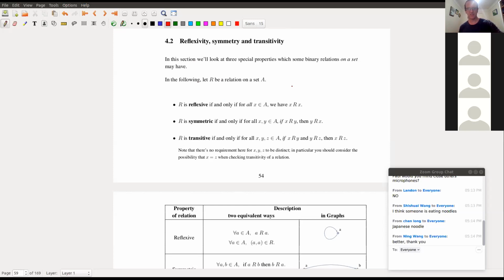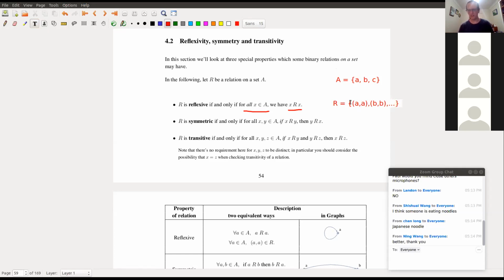So for all x in A, we have this relationship, xRx. That basically means that of the tuples, if you've got a set A equals {a, b, c}, in the relation, which is a subset of A cross A, you're always going to have (a, a), (b, b), etc. That's what this one means.